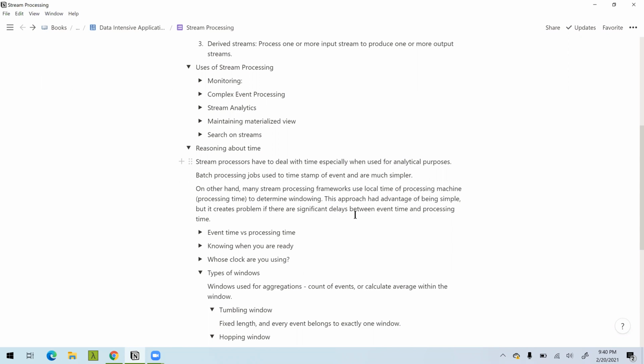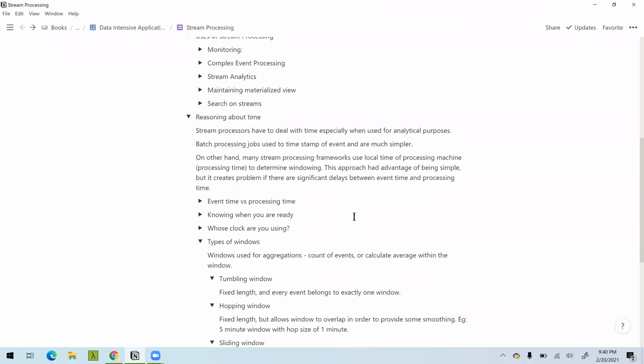It could be either of those. The advantage of using the timestamp of the processing machine is that it makes the process simpler, and why it's simpler, we'll go into the detail of that.